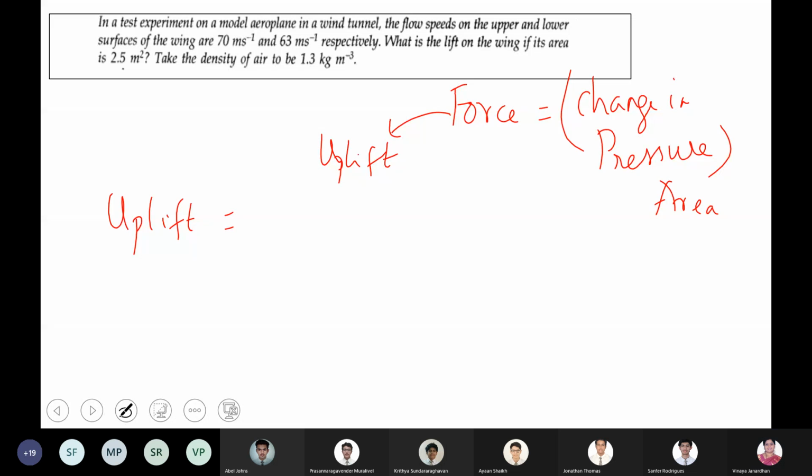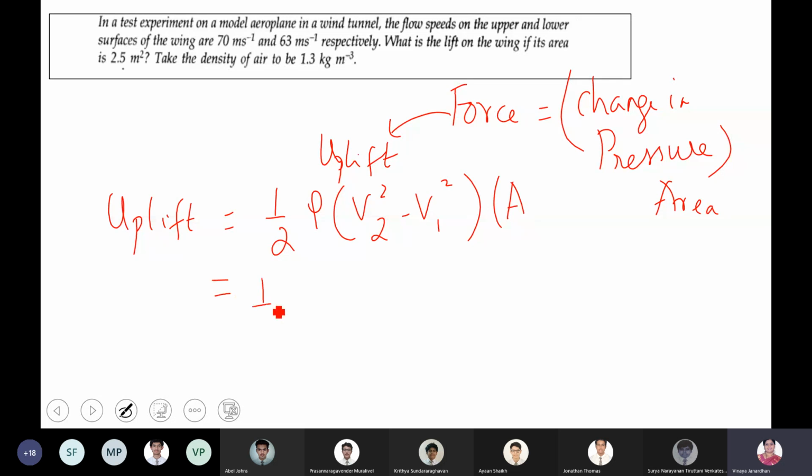It is 1 by 2 rho, V2 squared minus V1 squared. What formula did you get for change in pressure, boys? 1 by 2 rho V2 squared minus V1 squared, that is rho density, into area.